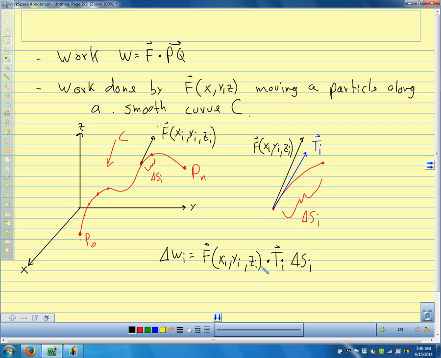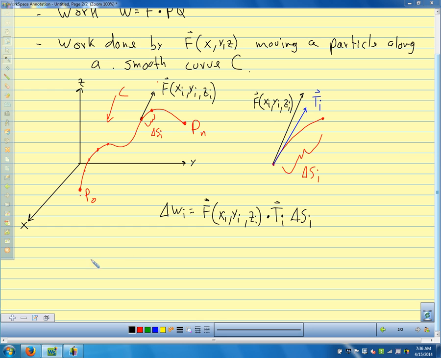So we're going to sum these little bits of work, take the limit as delta s sub i approaches 0, and we end up with, finally, the work is the line integral over C of F dot T ds.